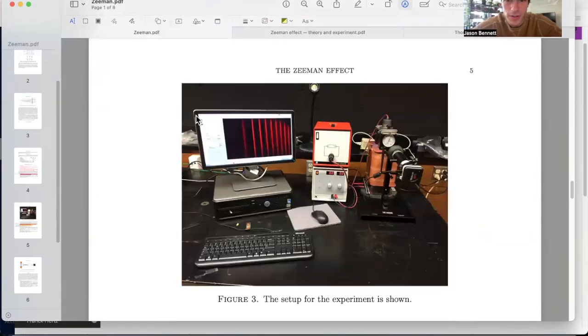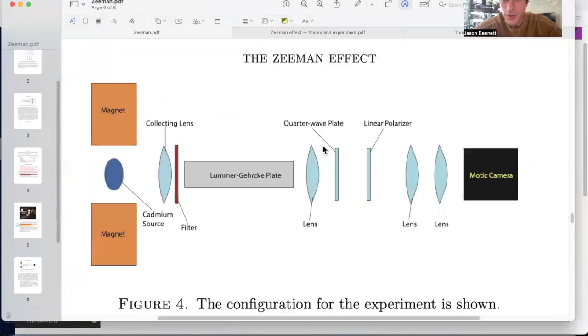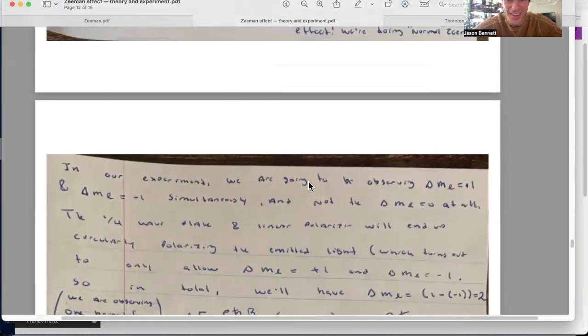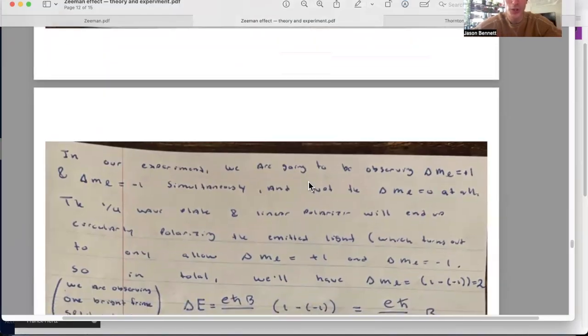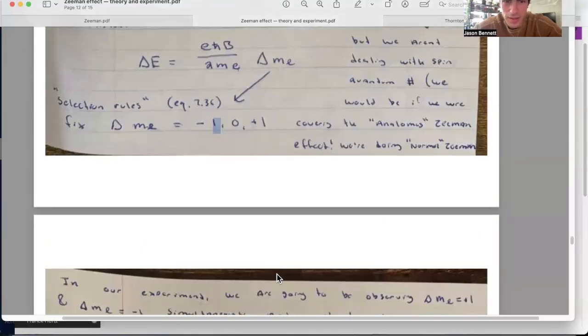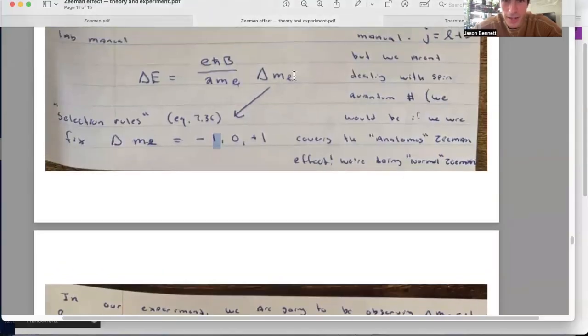Oh, it's figure 4. These two things combined with each other in a particular orientation create a circular polarizer. I think that's enough description of that. We've got two circular polarizers, one going one way, one going the other, and we're going to observe both of them at the same time. So now our equation becomes, instead of leaving this ML or delta ML in here, this is going to be 2.